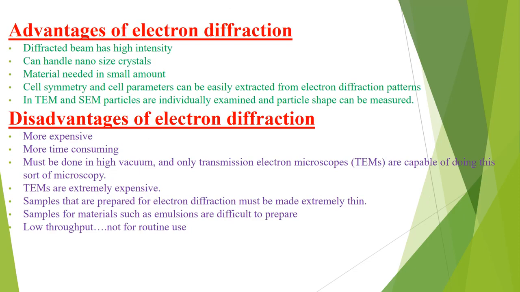Here are some advantages of electron diffraction. The diffraction beam has high intensity. It can handle nano-sized crystals, and the material needed is in a small amount, and the cell symmetry and the cell parameters can be easily extracted from the electron diffraction pattern.